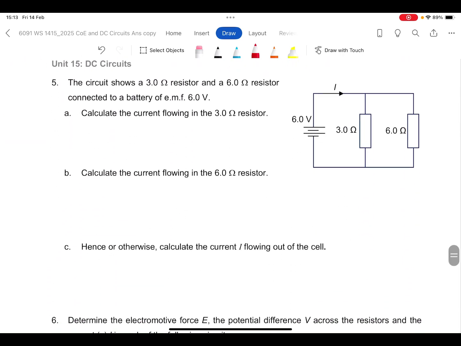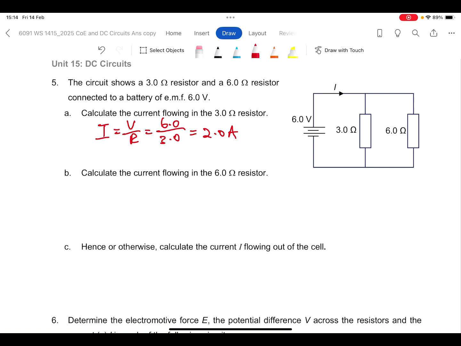Question 5. The circuit shows a 3 ohm resistor and 6 ohm resistor connected to a battery of EMF 6 volts. So this is a parallel circuit. Calculate the current flowing through the 3 ohm resistor. So I is equal to V over R, which is 6.0 divided by 3.0, giving 2.0 amperes.